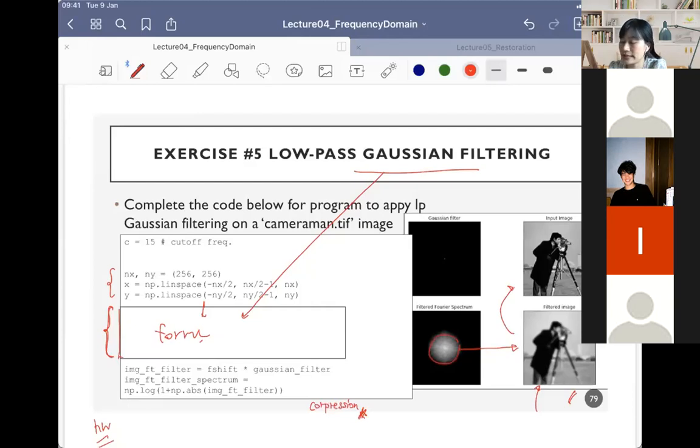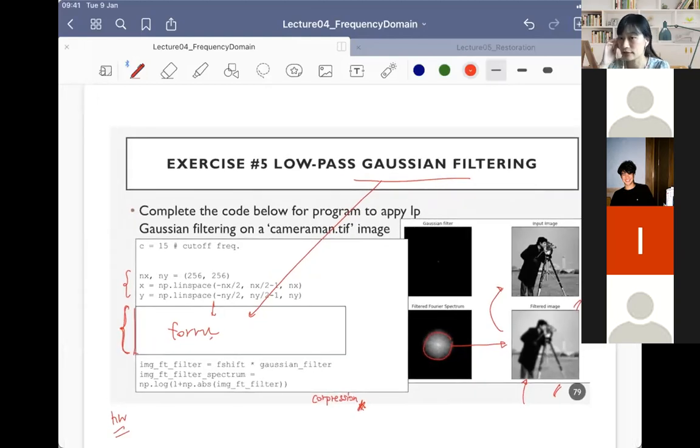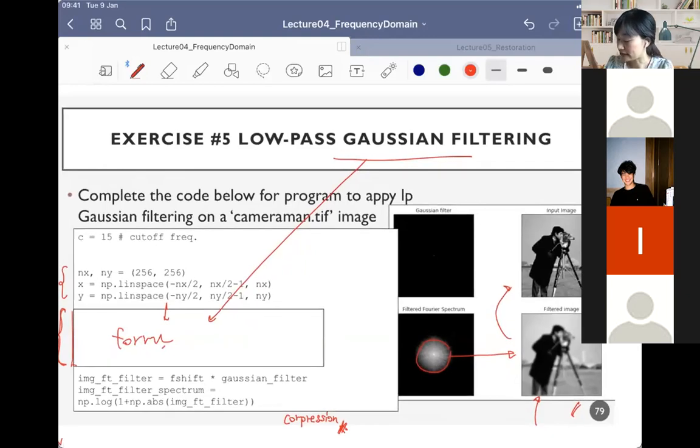So yeah, I hope that you might see a little clearer. I'm not sure if you see it a little clearer when I show the Python code like this.